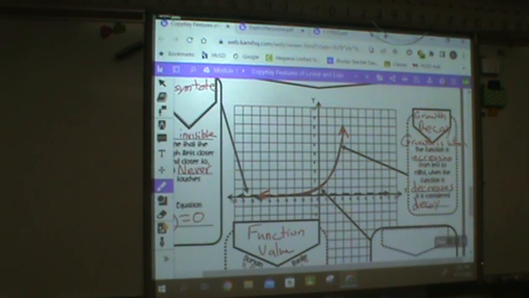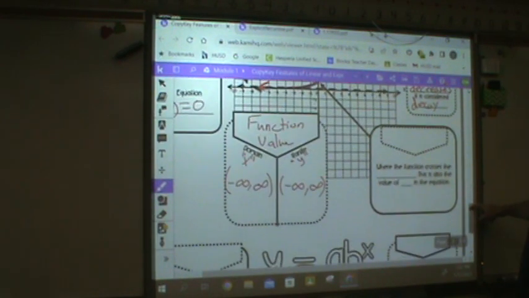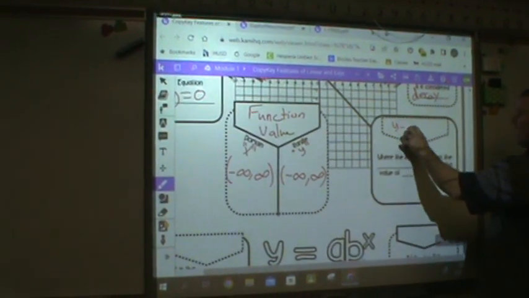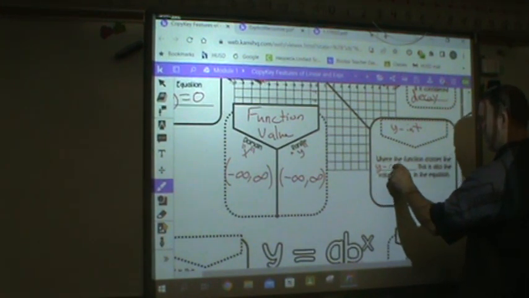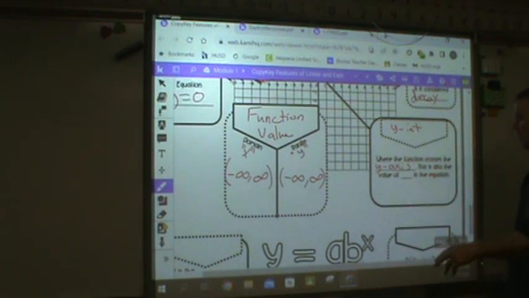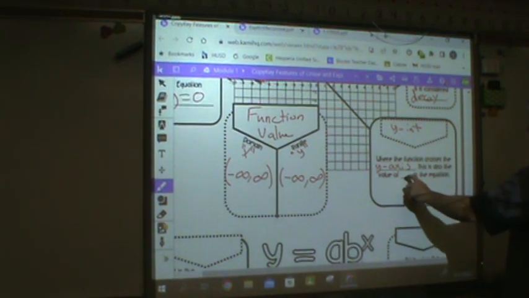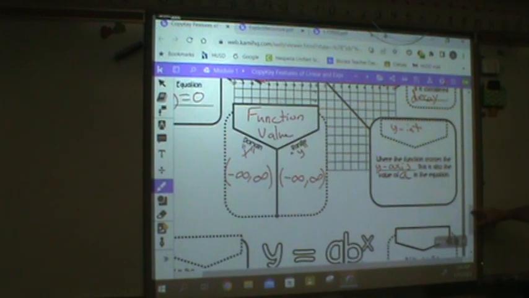Okay? So growth and decay. And then we also have a y-intercept where the function crosses the y-axis, just like in our linear function. This is also called the value of a, or the a value in the equation.